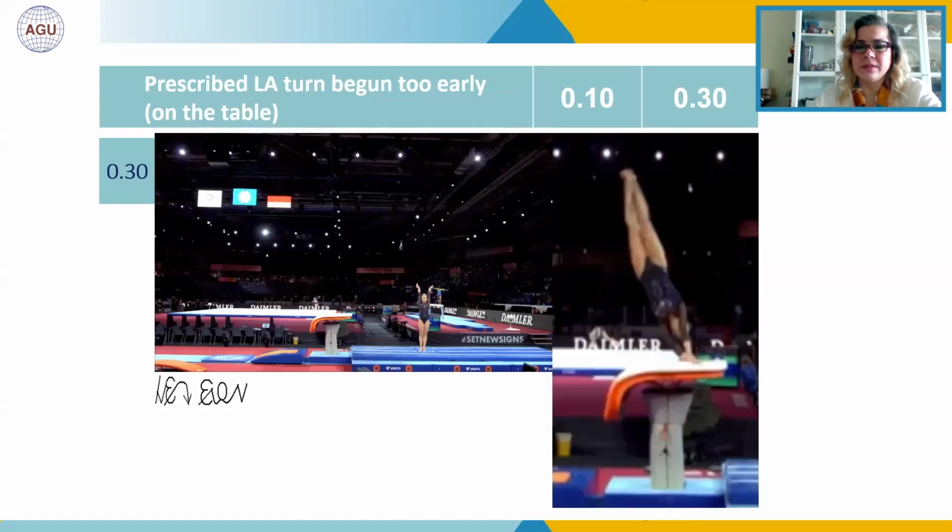See here, as in the picture, she turns even earlier while on the table, and that's why she receives a deduction of 0.3 with this vault from group 5.